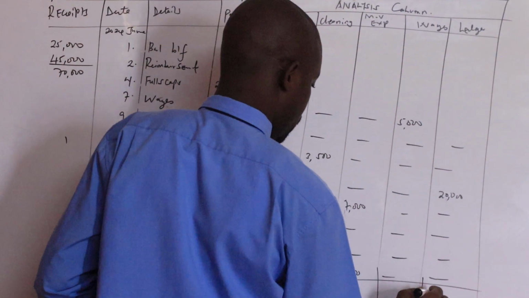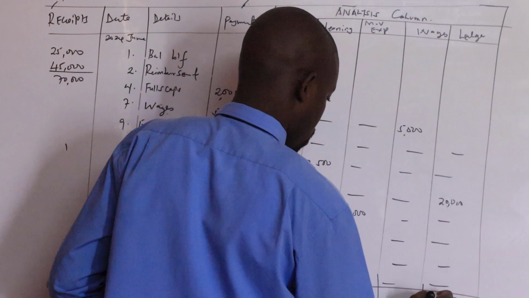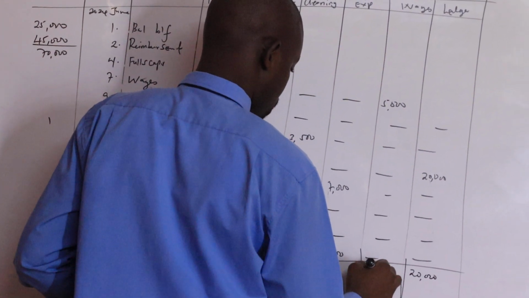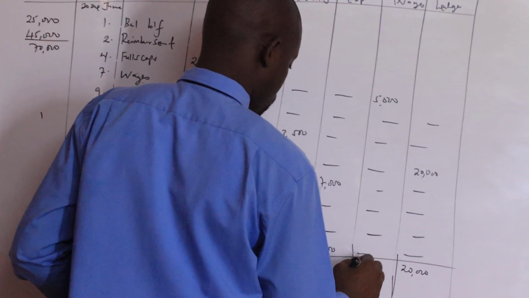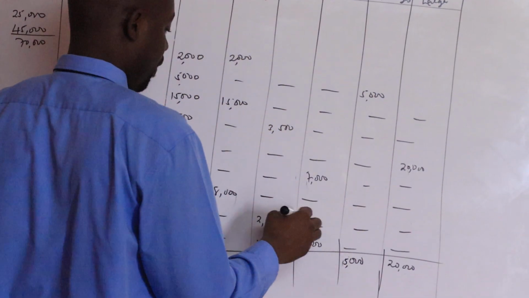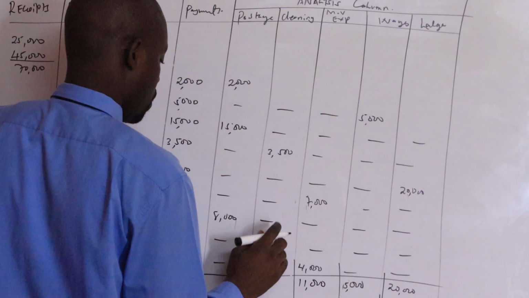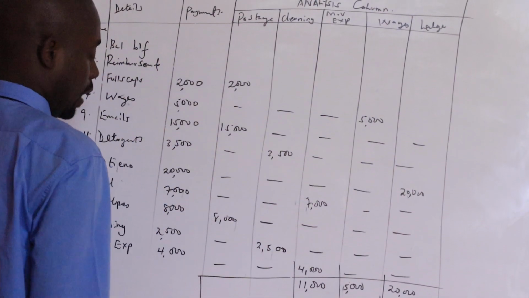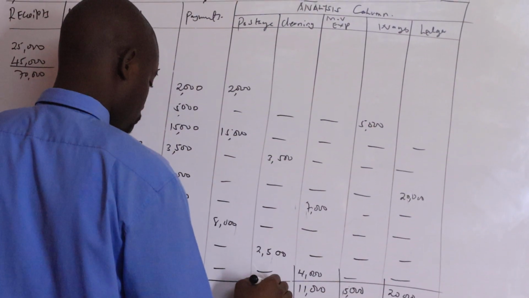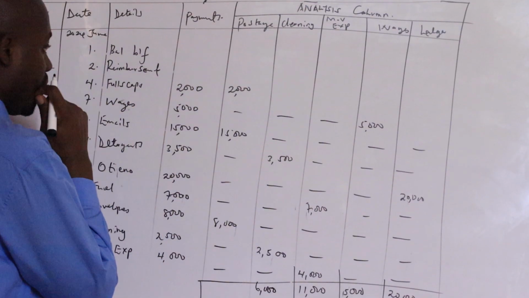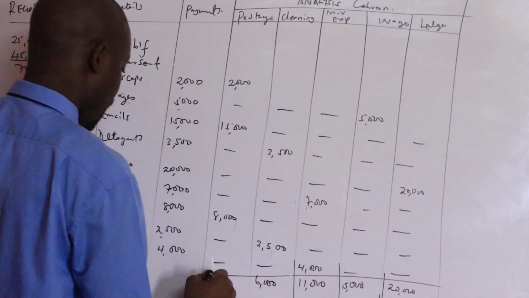This is 20,000. This is 5,000. This is 11,000. This is 6,000. That is 25,000.